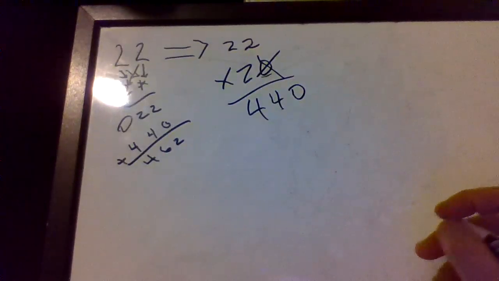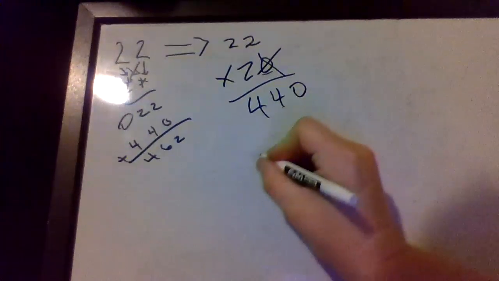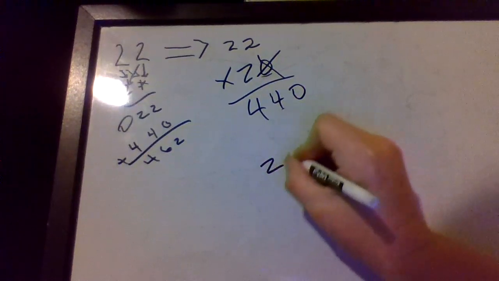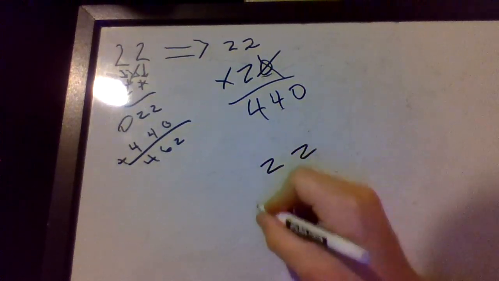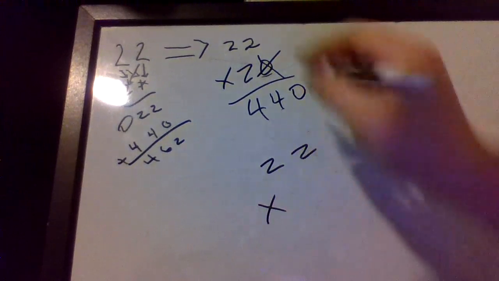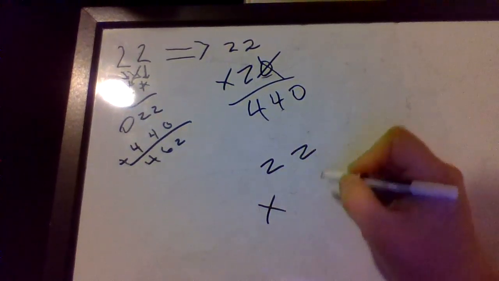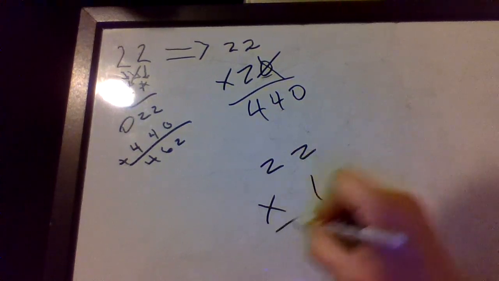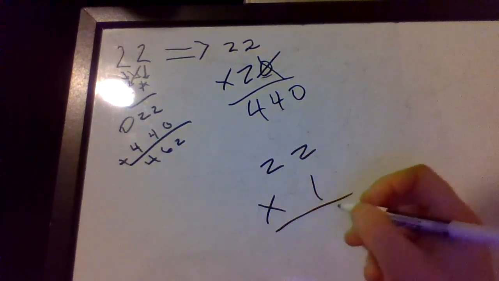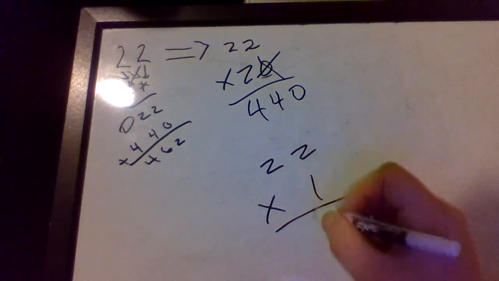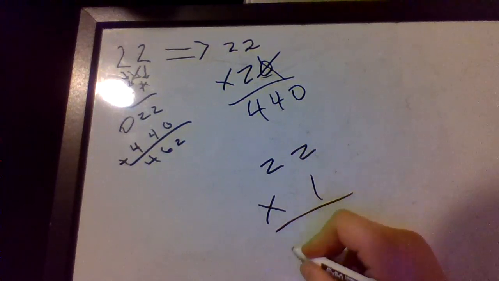Now, we're not done, because we got to do the other part of that 22. So we had 21, and we multiplied by 20 already. So now we have to multiply by the 1 that's left over. And as we know, anything times 1 is that number. So 22 times 1 would be 22.